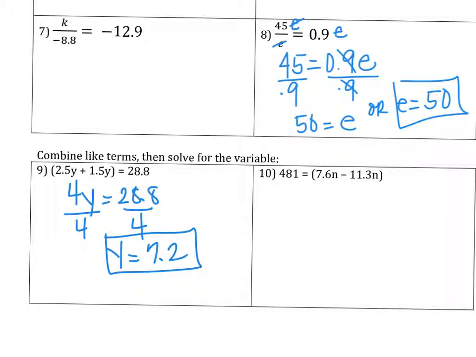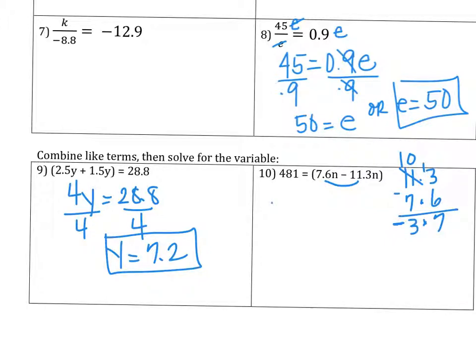Number 10, we want to subtract those. So our negative is our bigger number, so we're actually going to put that on top. Find out how many more negatives we have by doing it this way. So we have 3.7 negatives.